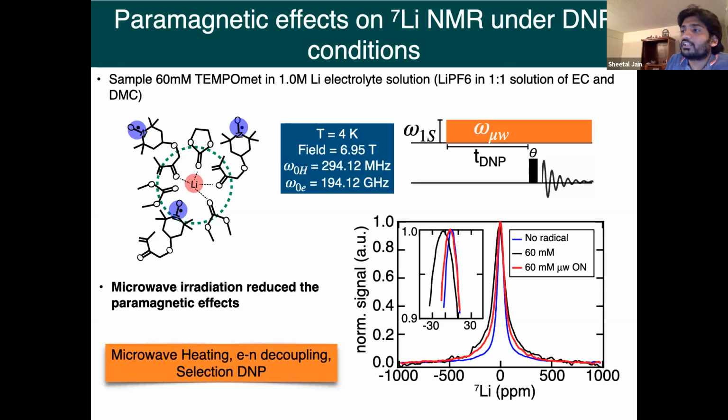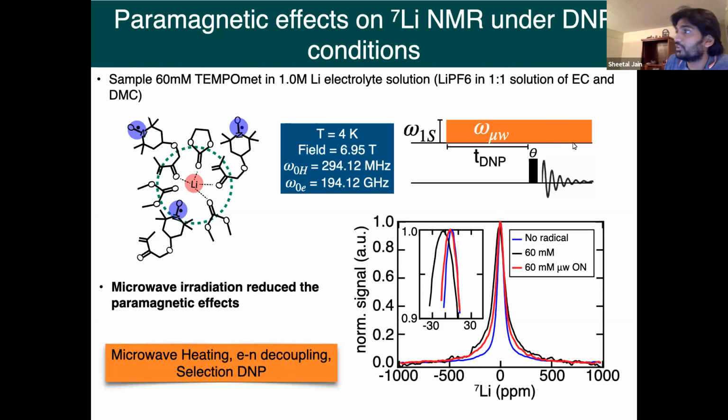However, one needs to address these questions. It could be just microwave heating, because it's ultra low temperature. So irradiation of microwaves can be absorbed, and that could lead to some line narrowing. However, we are not sure if that would also lead to reversal of the chemical shift. It could actually be electron and nuclear decoupling, because the microwaves are on throughout the experiment.